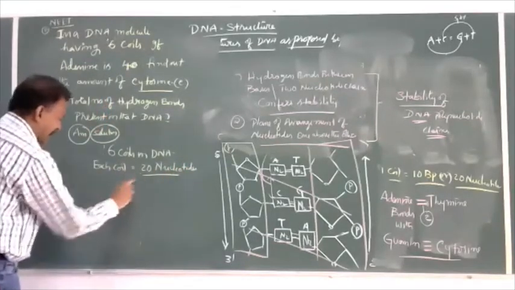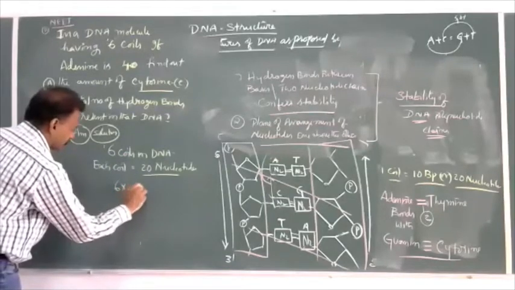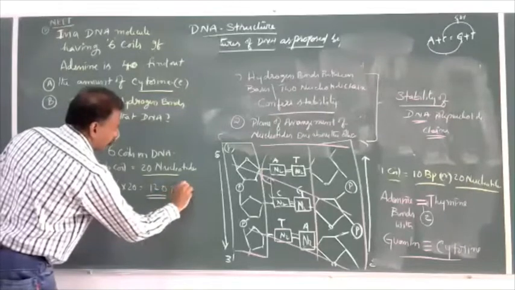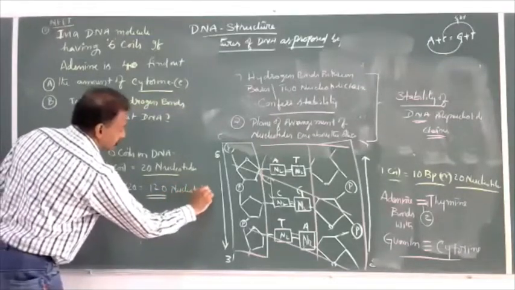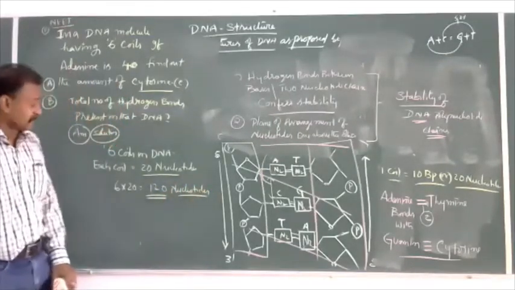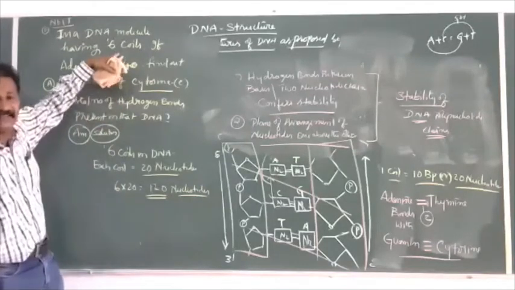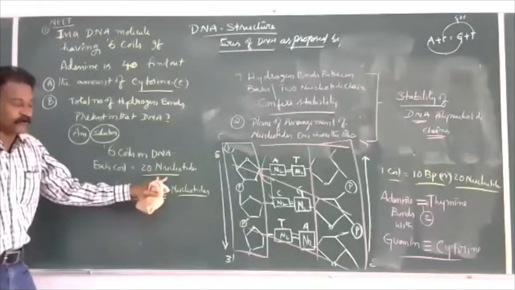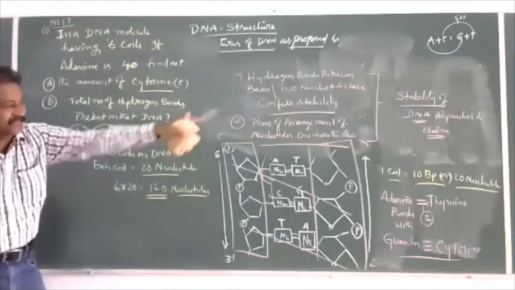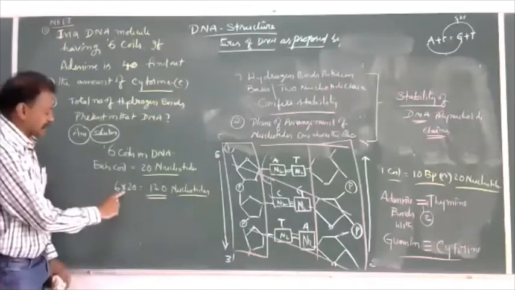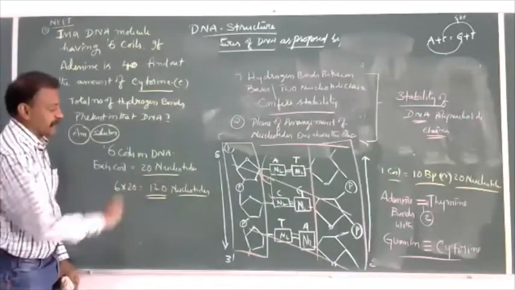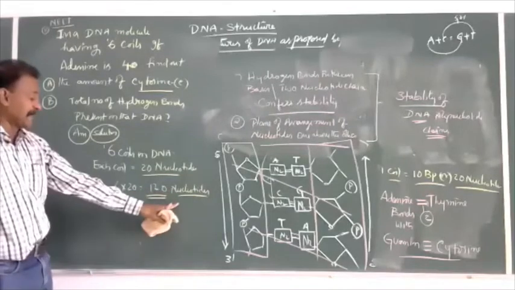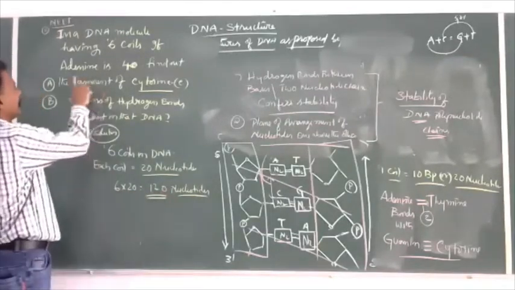So 6 coils into 20, 120 nucleotides. So in the given sample of DNA which is having 6 coils, at the rate of each coil 20 nucleotides, that is 10 base pairs, we have seen. So 6 coils is equal to 6 into 20, 120 nucleotides. In these 120 nucleotides, they have given adenine is 40.